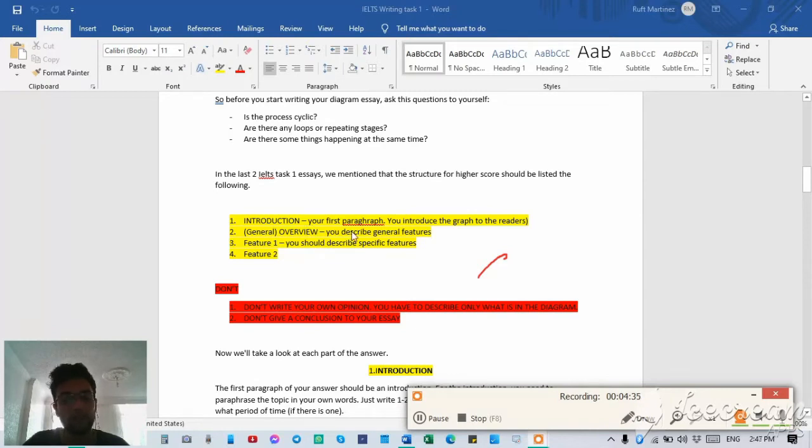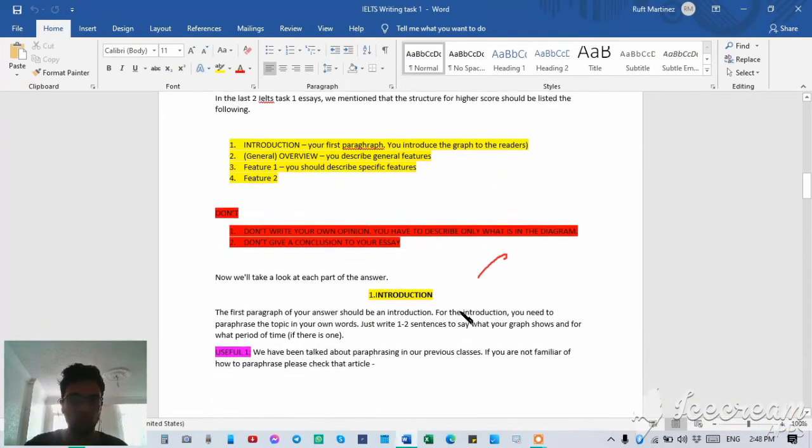So the introduction is your first paragraph, where you introduce the graph to the readers. The second paragraph is the general overview, where you describe the general features, not the specific features, only the general features. Actually, these are the Writing Task 1 assessment criteria, which means that for this assessment you're going to be given a score.